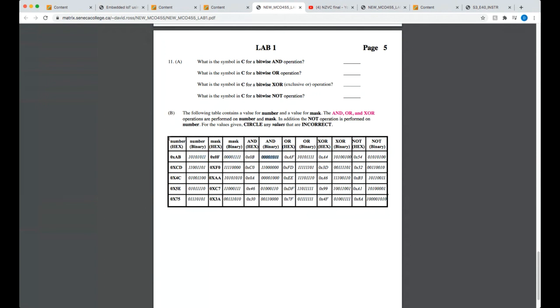And then you say, okay, well, what happens if I take this number and instead of ANDing it, let's OR it with 0F. Is this the number I get? If I take this number instead of ANDing it, if I exclusive OR it with 0F, is this the number I get? And if I do the ones complement, is this the number I get? And again, you're going to have to check through this entire chart here to see if these numbers make sense.